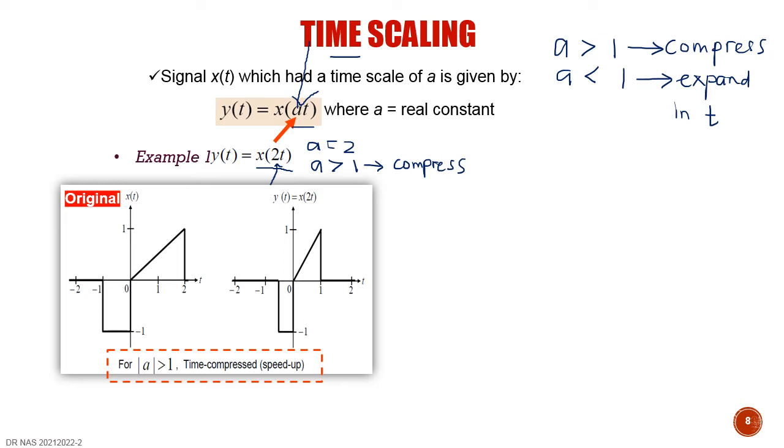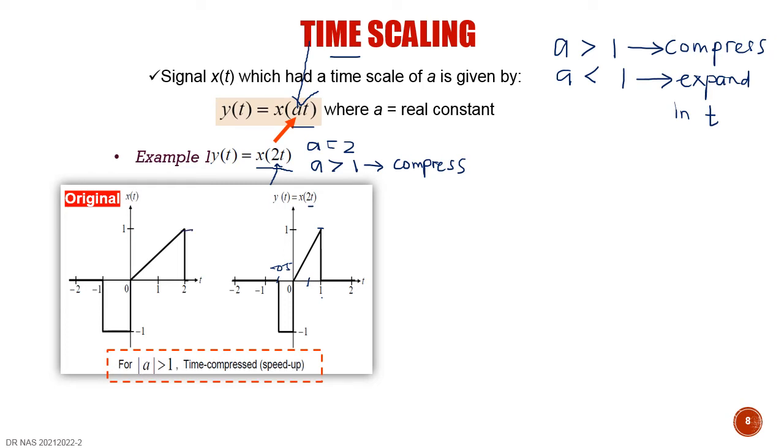If the signal is compressed, by how much? By 2. So you need to divide all t by 2. So 2 becomes 1, 1 becomes 0.5, and minus 1 divided by 2 becomes minus 0.5, but there's no change in the amplitude.